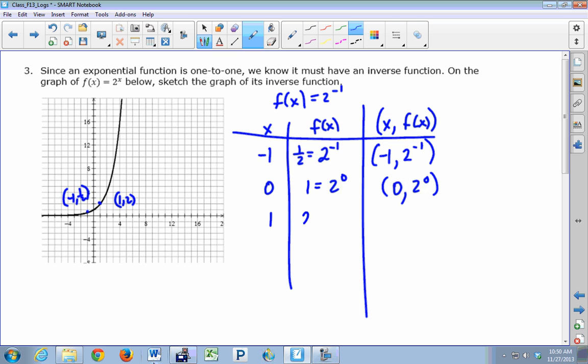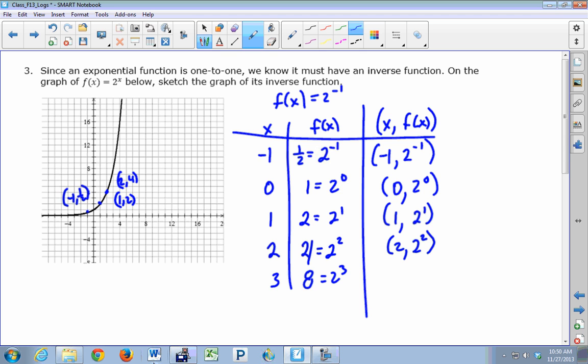So our base is 2, which is 2 to the 1. At 2, I'm 4, which is 2 squared. And at 3, I'm 8, which is 2 to the 3rd.